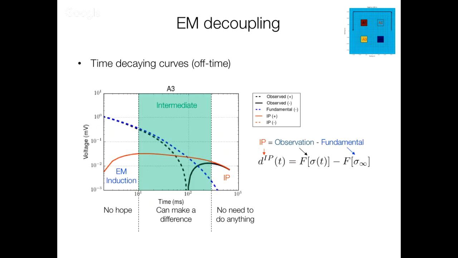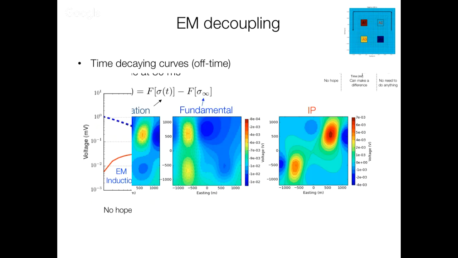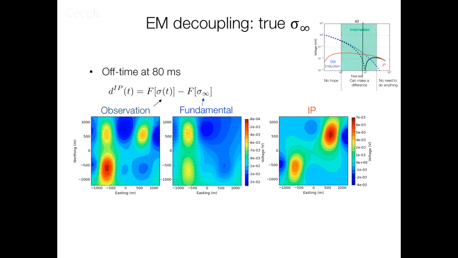And now the challenge is, okay, I've got to somehow find that conductivity. How am I going to do that? Oh, yeah, sort of just to illustrate how that would work. If we look at 80 milliseconds, here's the observations. Here's the fundamental. So this is the true fundamental.